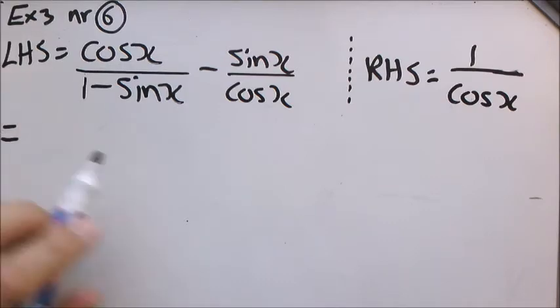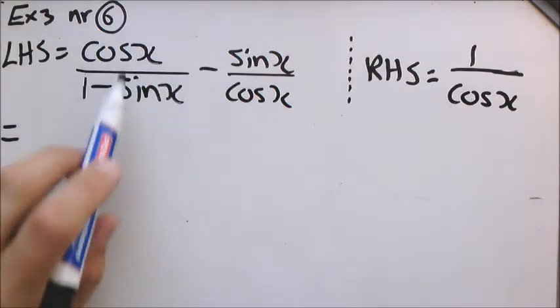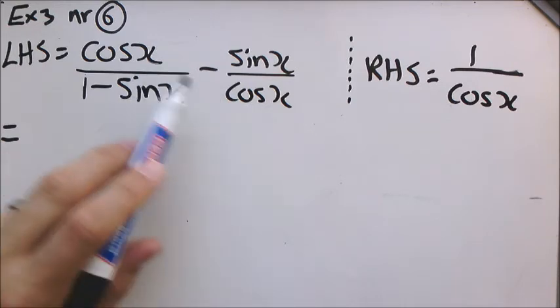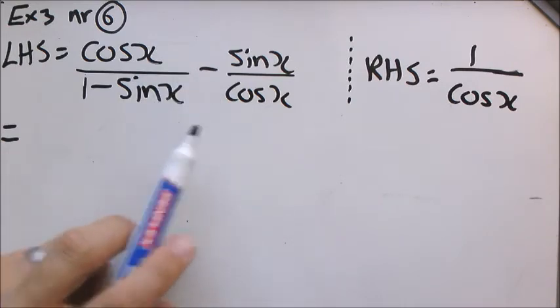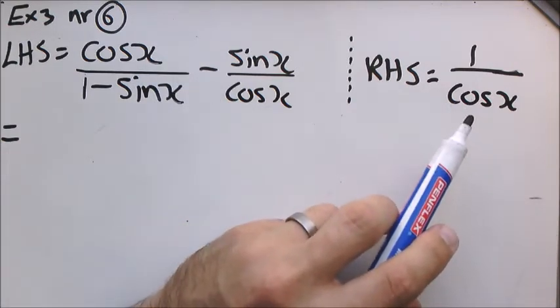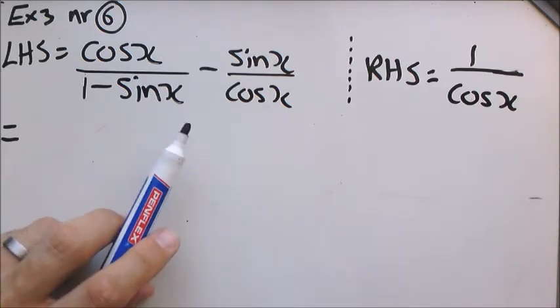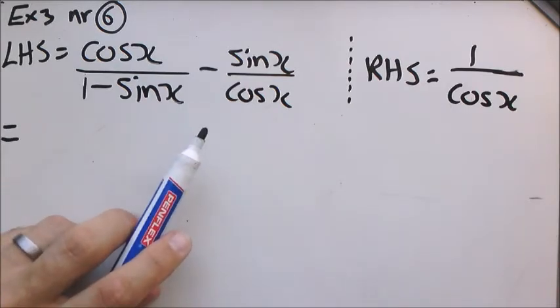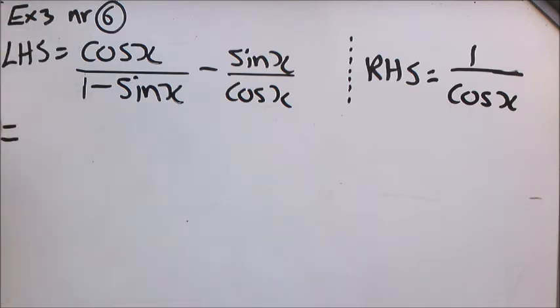So first step is to work towards a common fraction, just one single fraction, because the right hand side is also equal to one fraction. So we're going to achieve that through the lowest common denominator.